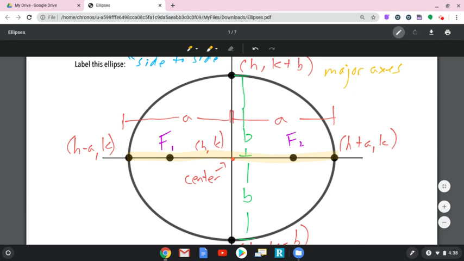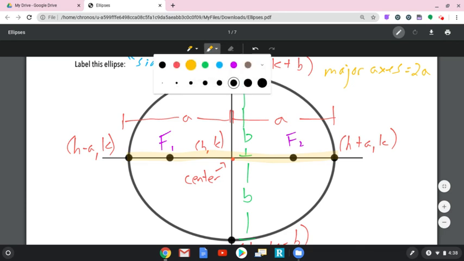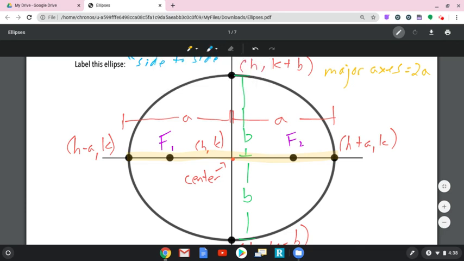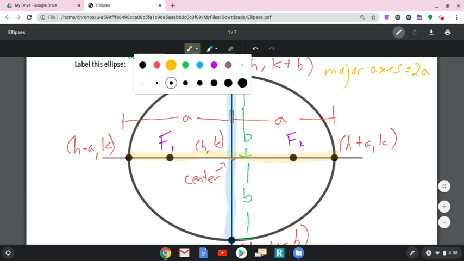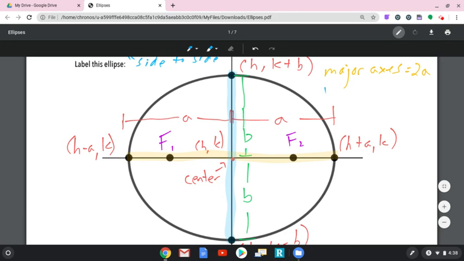Your major axis will equal 2A. And my minor axis will always be 2B.